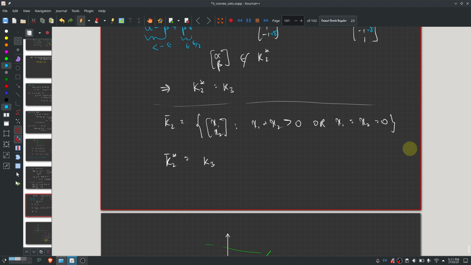Okay? Yeah, it has to be closed, but it requires one more property. Can you guess what that property might be? Convex, right? Because the dual of a cone is always a convex cone, even if the original cone is not convex, right?